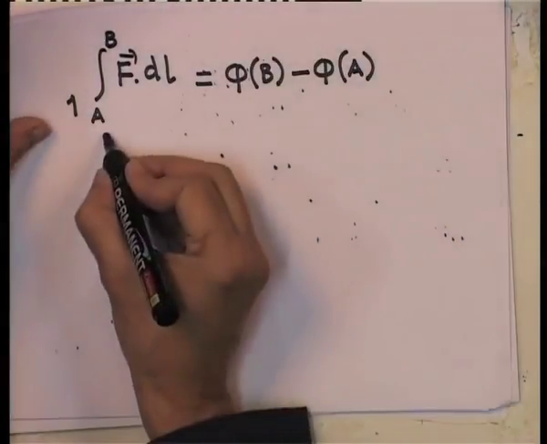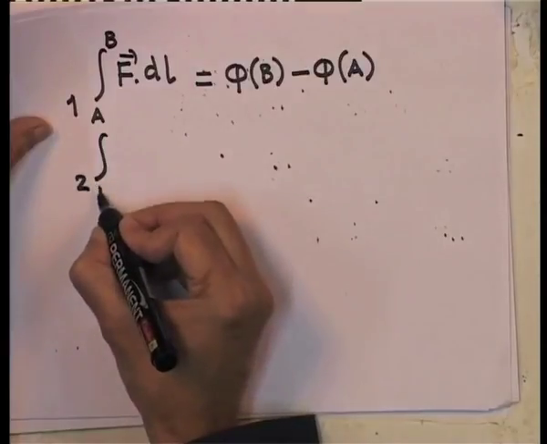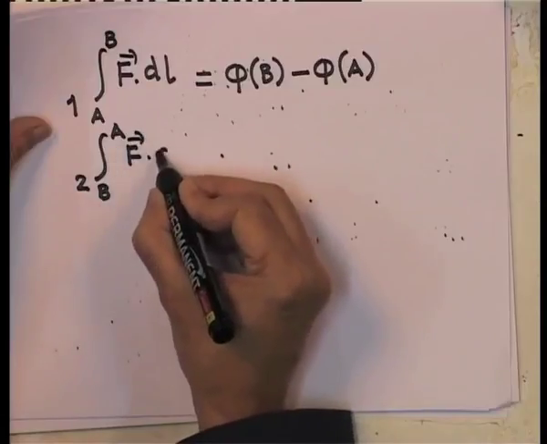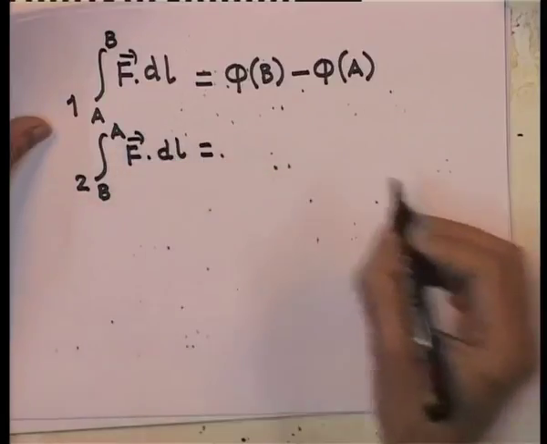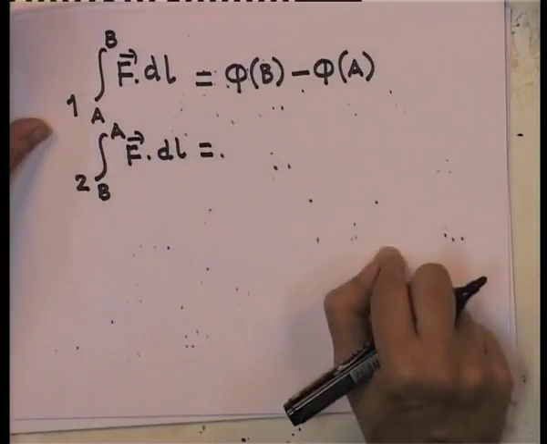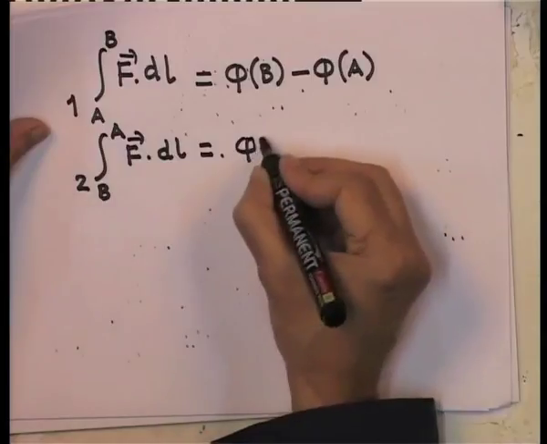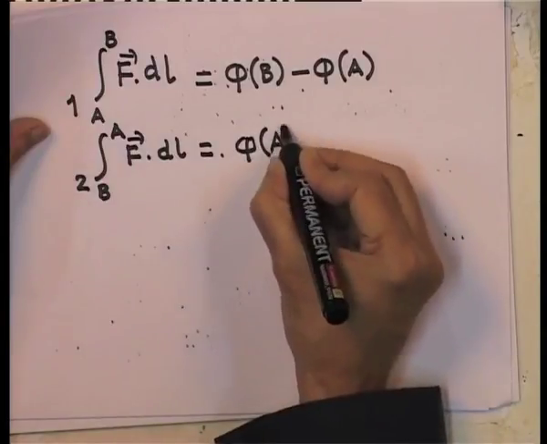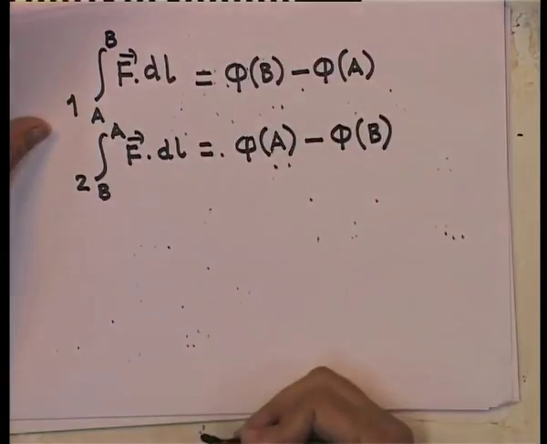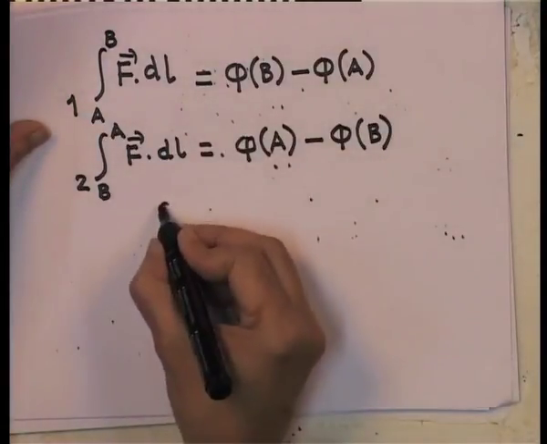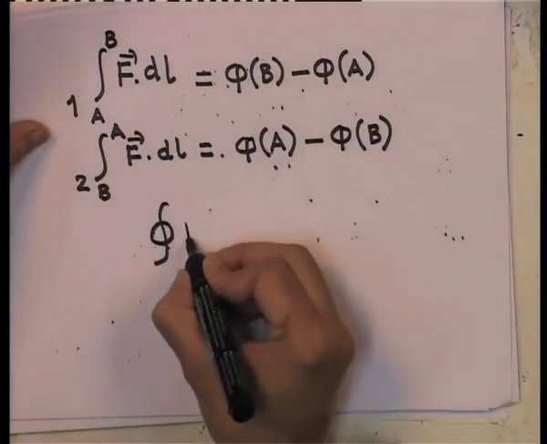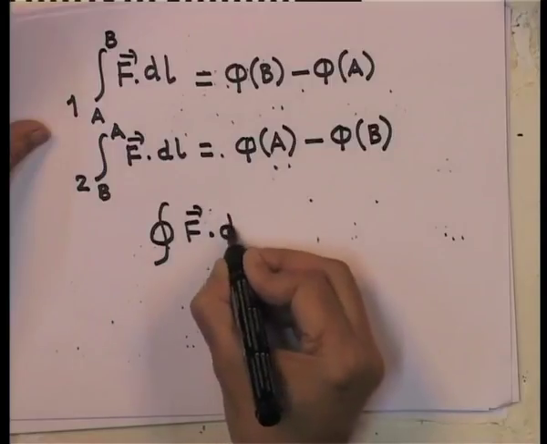Now, when I am going on path 2, I am going from B to A, f dot dl. Once again we have said that it depends upon only the endpoints. So, as a result, this is going to be phi at the upper limit minus phi at the lower limit, which is B. Now, add them up, obviously the integral of f dot dl over the contour is equal to 0.